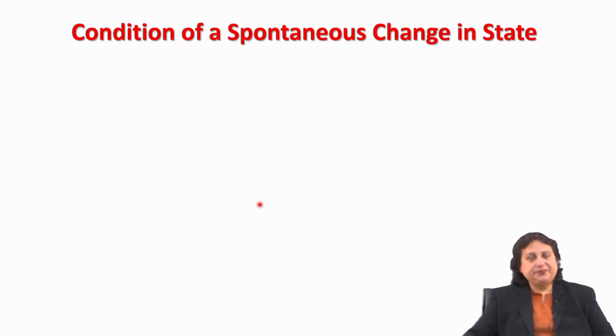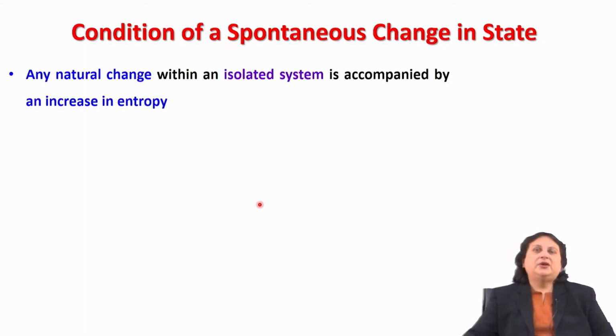So, let us go ahead and remind ourselves of the condition of a spontaneous change in state. What I have already told you is that any natural change within an isolated system is accompanied by an increase in entropy.